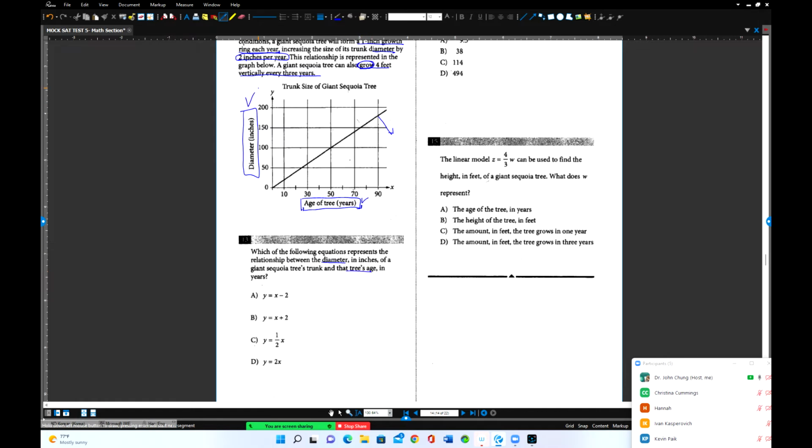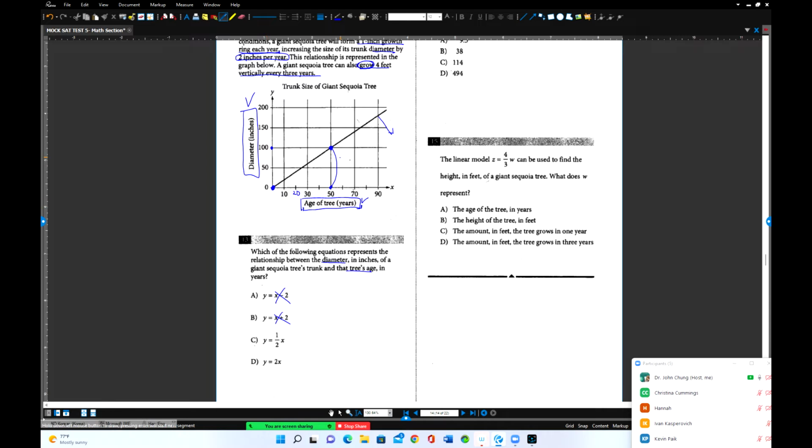Okay. So what is the y-intercept? This is 0. That's right. This is 10, 20, right? The y-intercept is 0. What is the slope? Every year, how much increase? So you can choose this point, the intersection over here, right? 50 years, 100 diameter increase.